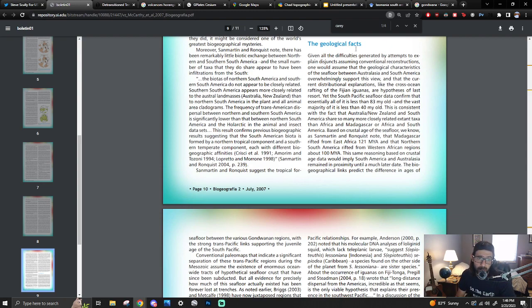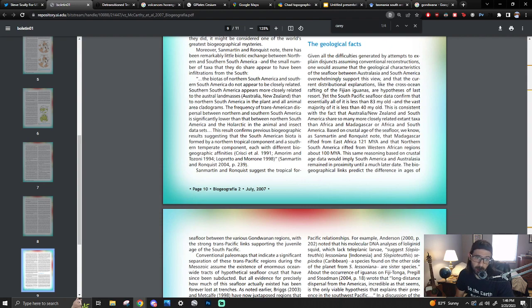Given all the difficulties generated by attempts to explain disjuncts, assuming the conventional reconstructions, one would assume that the geological characteristics of the seafloor between Australasia and South America overwhelmingly support this view, and that the current distributional explanations, like the cross-ocean rafting of Fijian iguanas, are hypotheses of last resort. Like, don't do it unless we really have exhausted all other options, but we've just concluded it immediately.